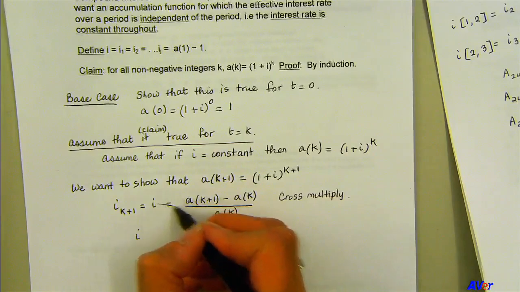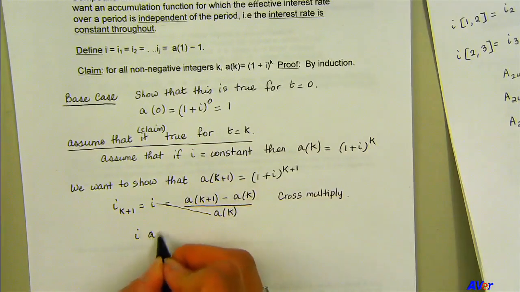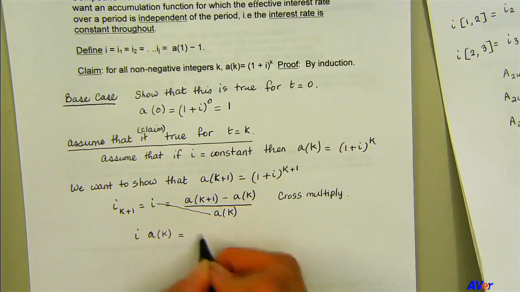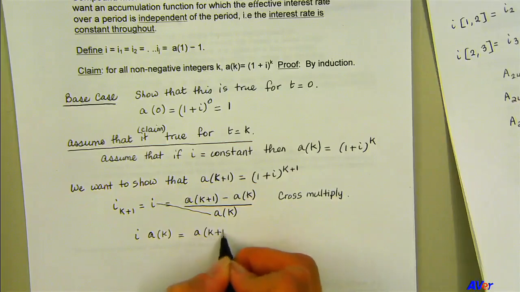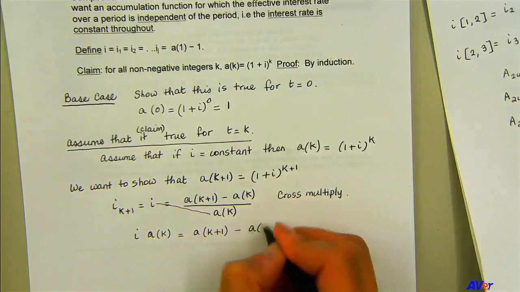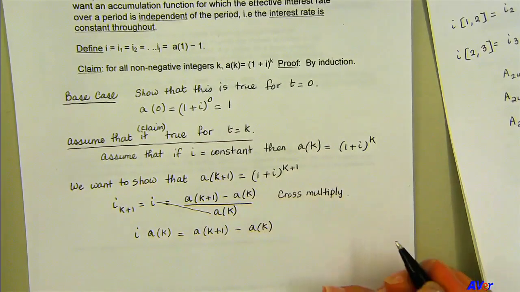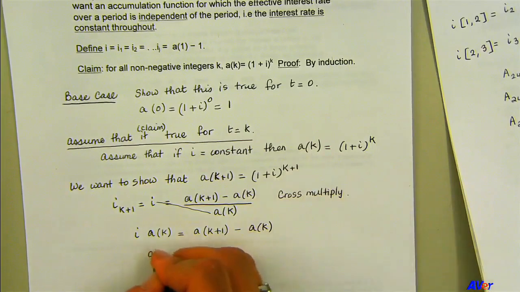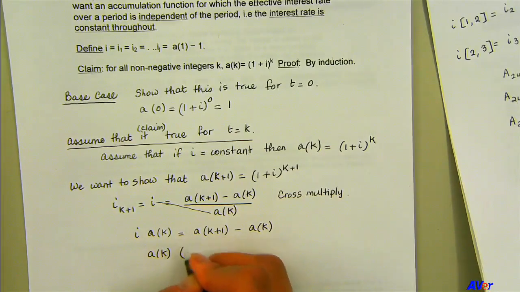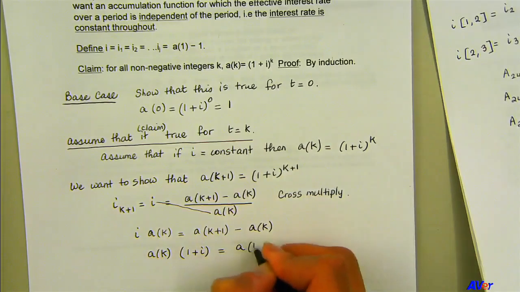I'm going like this: i times a of k is equal to a of k plus 1 minus a of k. So a of k, parentheses, 1 plus i equals a of k plus 1.